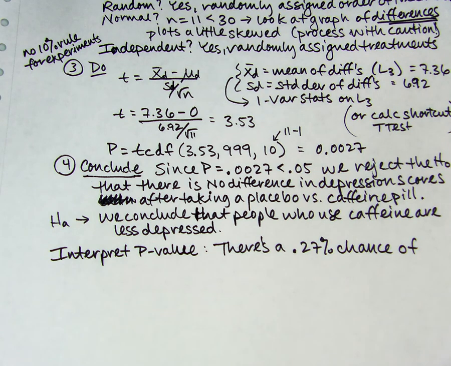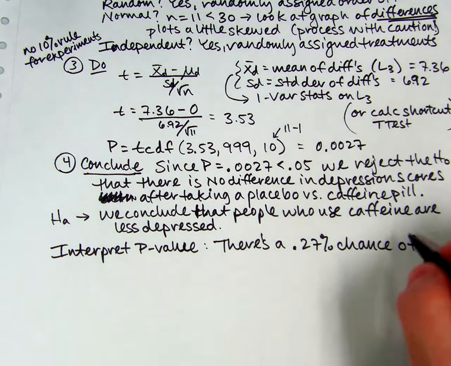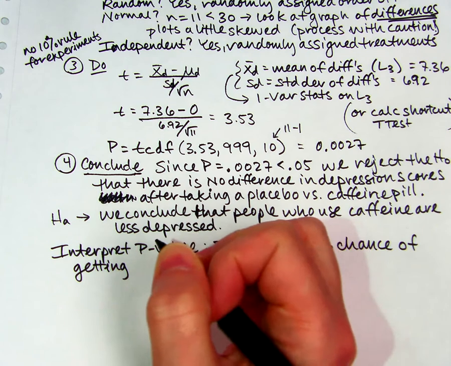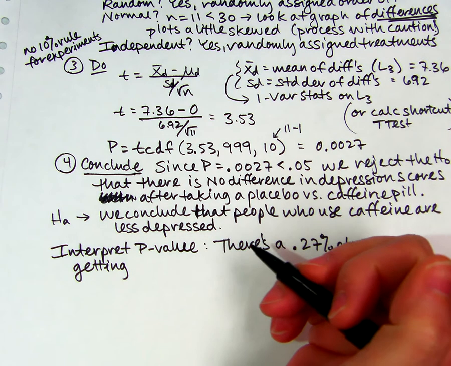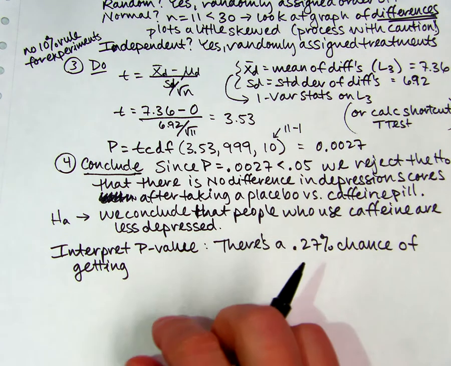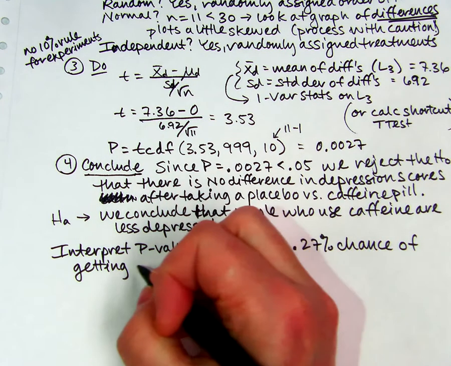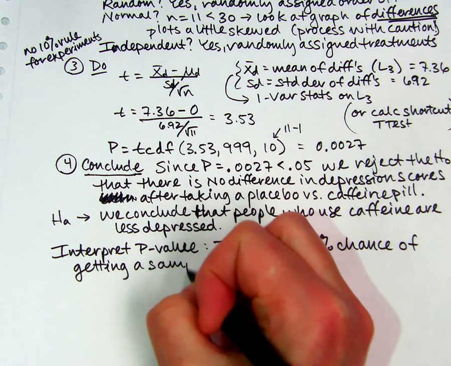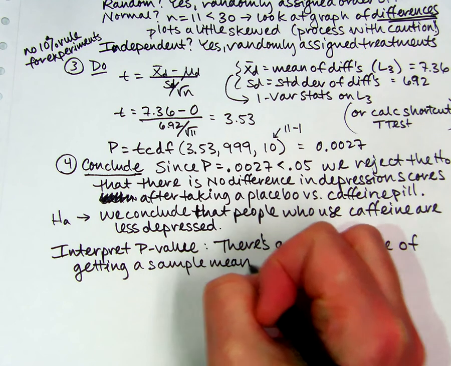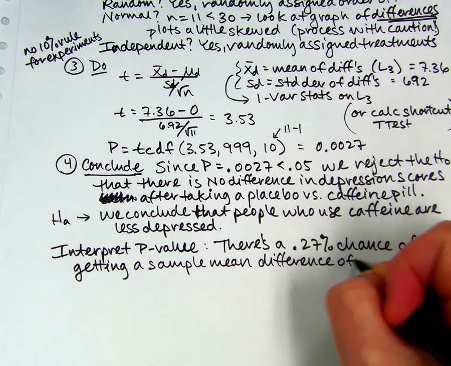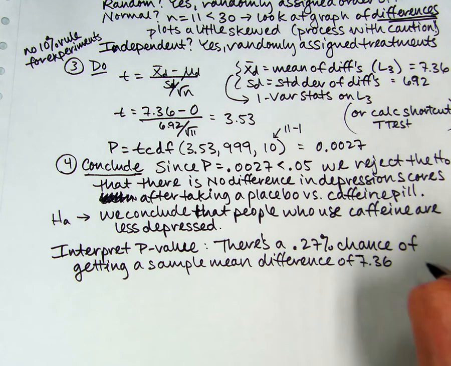It's a 0.27% chance of getting, the part I have memorized is our result or more extreme, except I'm going to write it in context. Our result was a sample mean difference of 7.36 or more extreme. In this case, it's or more because our alternate was a greater than.